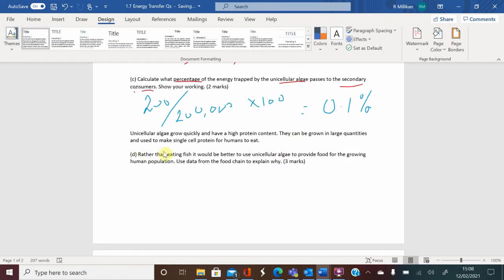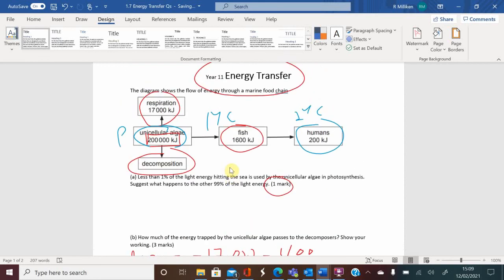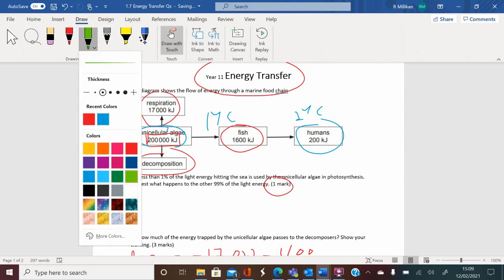It then asks you, and this one was a bit of a challenge: rather than eating fish, it would be better to use algae to provide food for a growing human population. Use data from this food chain to explain why. When it says use data, it means you need to use your numbers. So we will go back up here and change my color. Let's go for green.